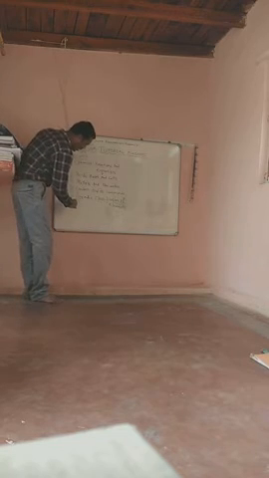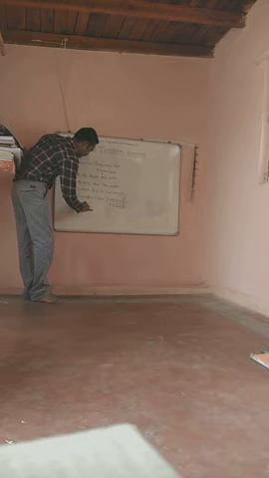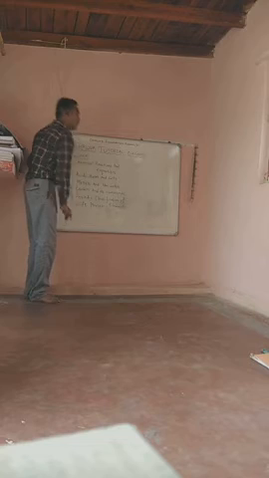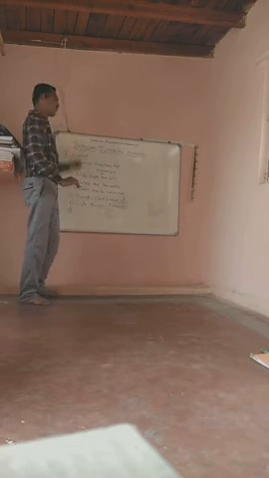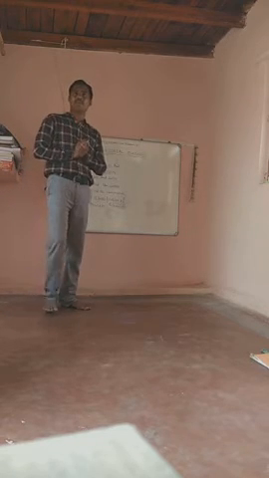Now we have to discuss the biology part, that is the 6th chapter, life process. The 7th one we have to discuss after life process: control and coordination in animals and plants.